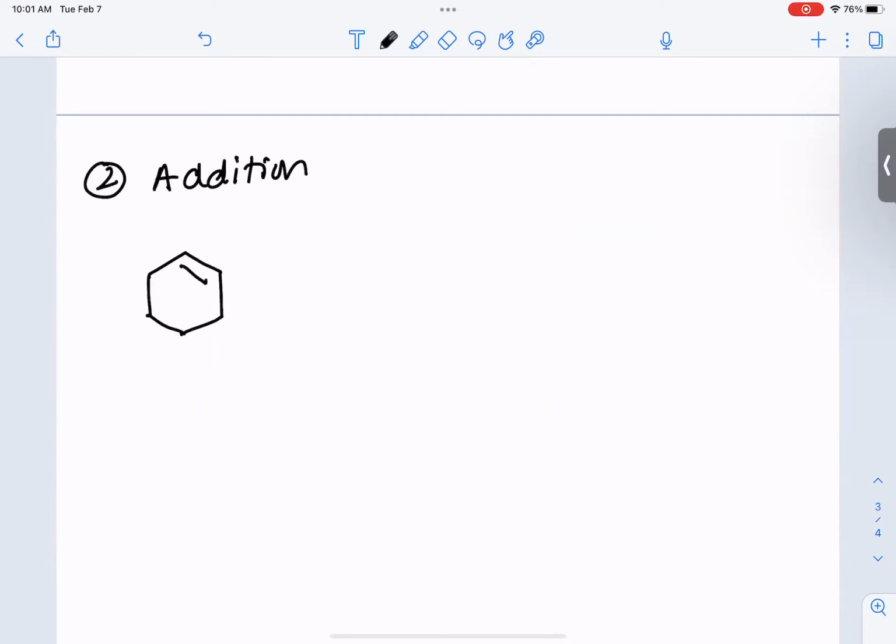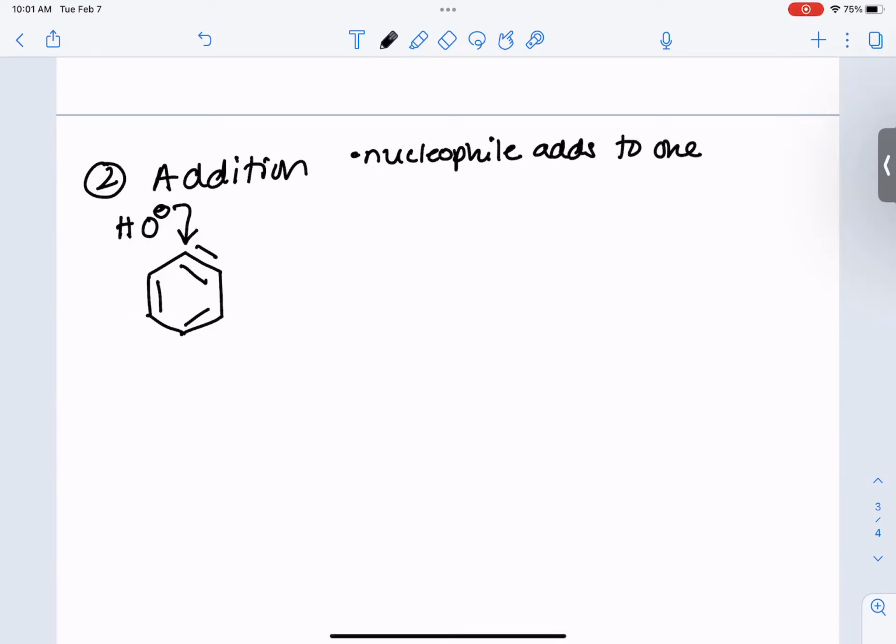So you have your benzyne. I could add to either carbon, okay? I don't have to add to the carbon where the chlorine was. This is why you get this mixture of products. Okay, so the nucleophile will add to one of the carbons of the triple bond.